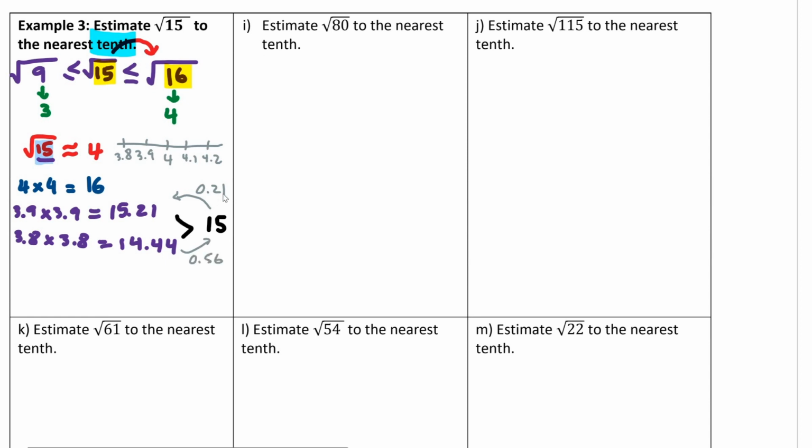So obviously 0.21 is closer than 0.56, so the answer would be over here. The approximation of the square root of 15 is about 3.9. Instead of 4, it's going to be 3.9, which is more accurate than 4.